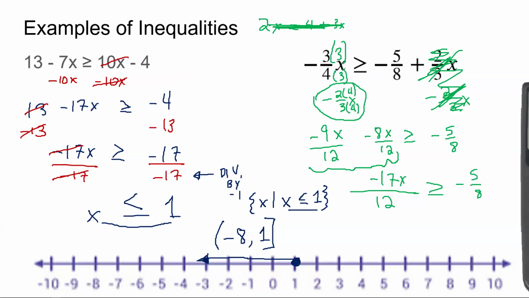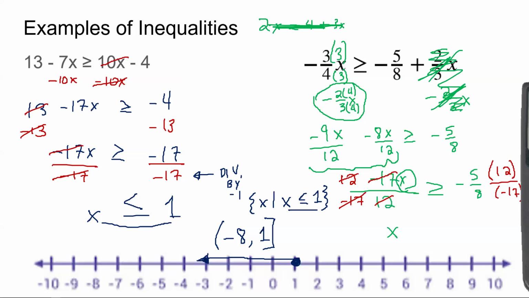What I would do here is simultaneously multiply by 12 to cancel that and divide by negative 17 to cancel this. Another way to say that is to multiply by the inverse on both sides. You could do it either way. Think of it as two different pieces, or multiply by 12, divide by 17. I don't really care. The only thing left behind is that x, and everything else came over here.